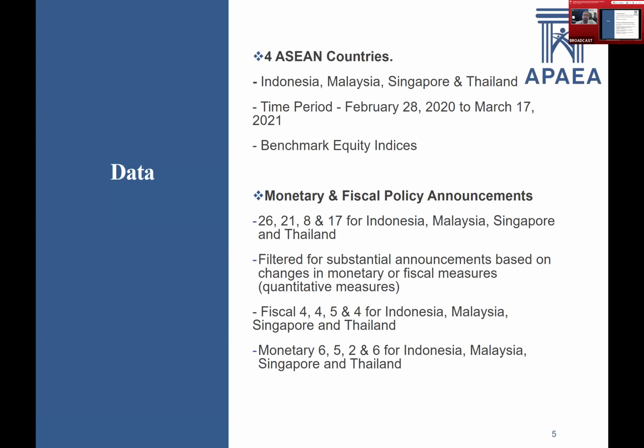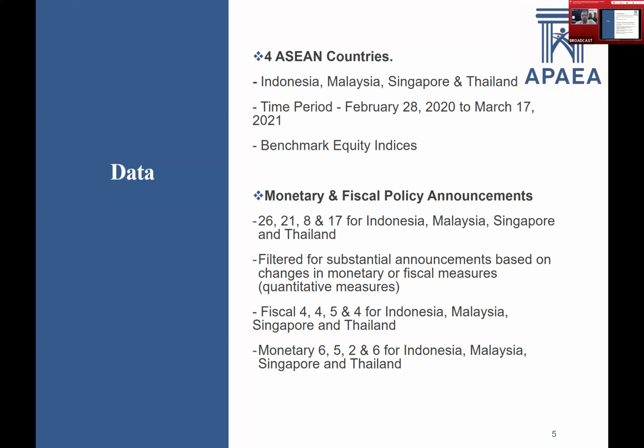Now, our data set. We have focused on four major ASEAN member countries: Indonesia, Malaysia, Singapore, and Thailand. Our time period is from February 28, 2020 to March 2021. For equity markets and financial markets, we've used their benchmark equity indices.